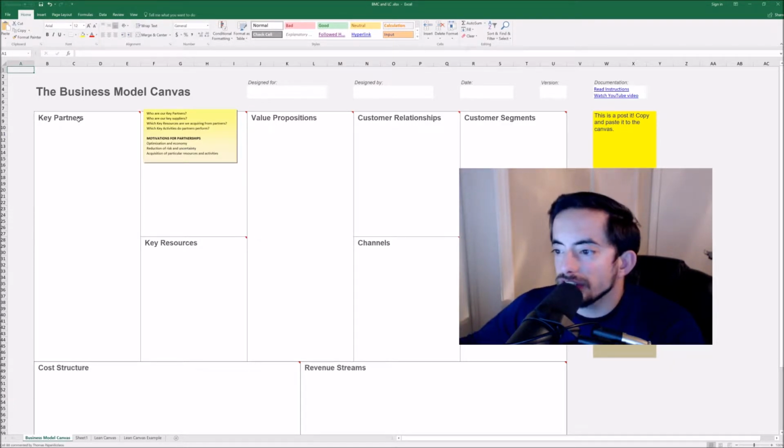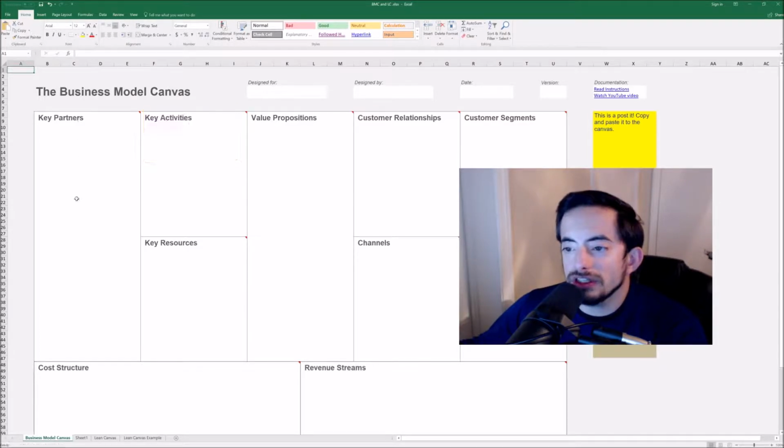And the acquisition of particular resources and activities: you'll know exactly what you're able to get from your partners at any given time because you have that relationship with them. So you're going to put all your key partners right in this little area.